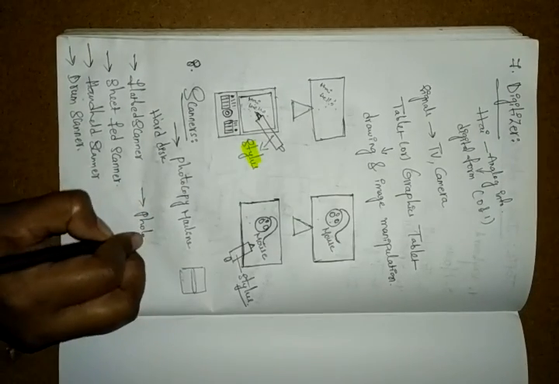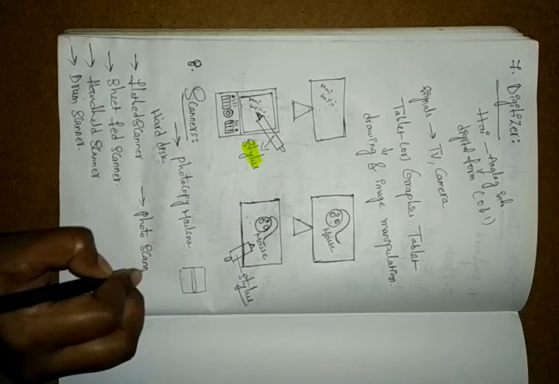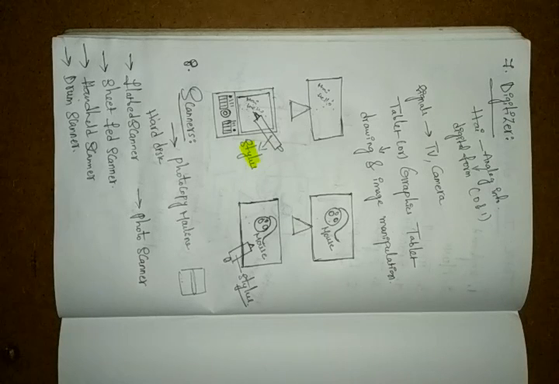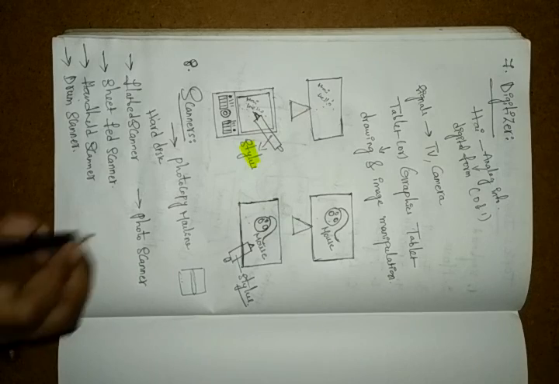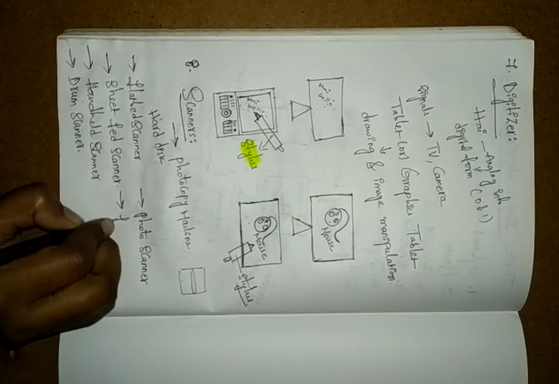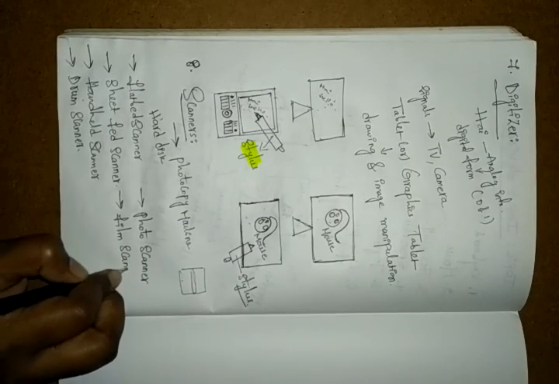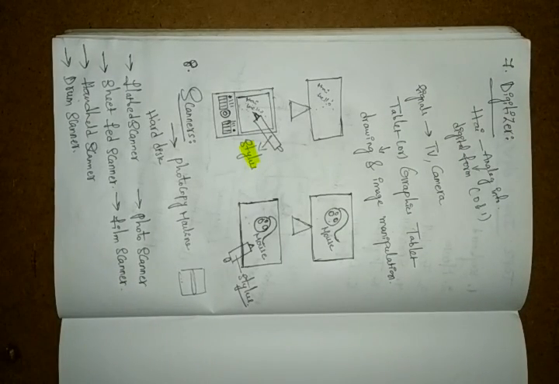This photo scanner is only for photo scanning, not text scanning, whether color or anything. If you are taking pictures and need to take the photos from them, you just have to use the photo scanner. And here we have the film scanner. Any film, like photo films or anything, you can scan with the film scanner.